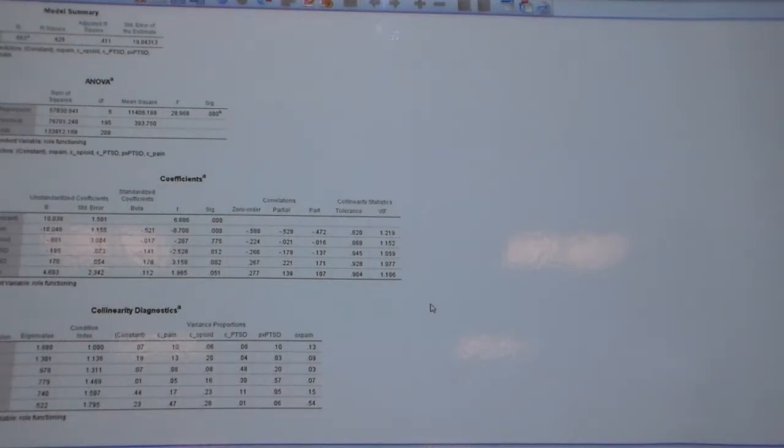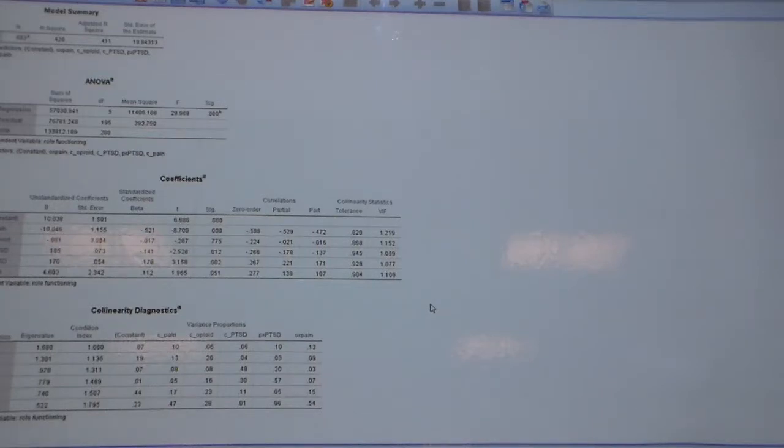Or if we flip it around and make pain my conditional effect, this is the relation of pain with outcome at average levels of PTSD, holding opioid use constant, or controlling for opiate use.